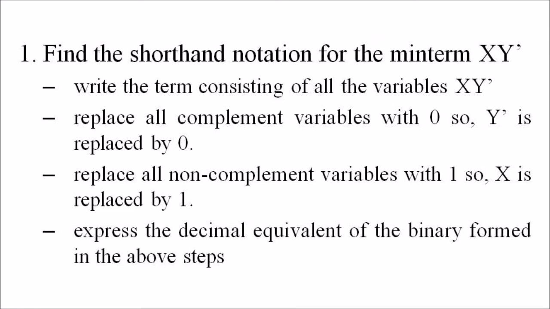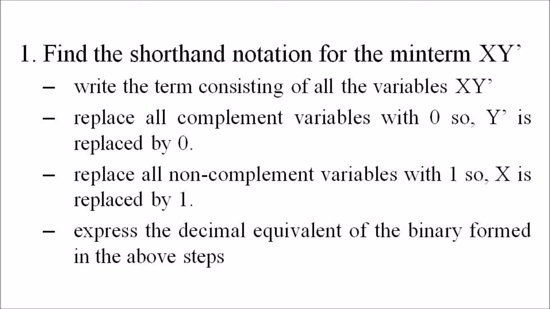Now let us consider some examples. Our first example is to find the shorthand notation of the minterm x dot y dash. As we discussed, write the term consisting of all variables of x dot y dash. Secondly, replace all complement variables with 0, so y dash will be replaced with 0. Thirdly, replace all non-complement variables with 1, so x will be replaced as 1.